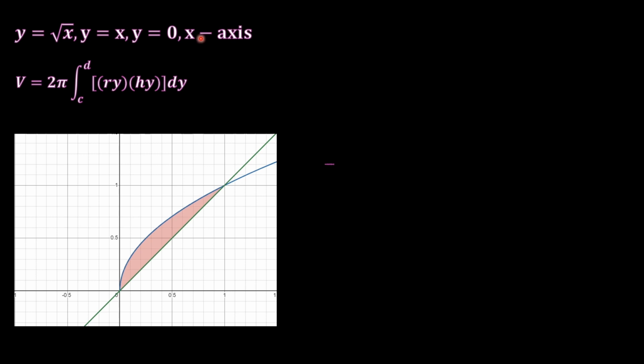So to start, we will be using the same formula, but now that we're doing it in terms of the revolution around the x-axis, we will be solving it in terms of y. So this time it's actually quite opposite. If in the disk and washer method you solve in terms of y when the revolution is the y-axis, here it's opposite.